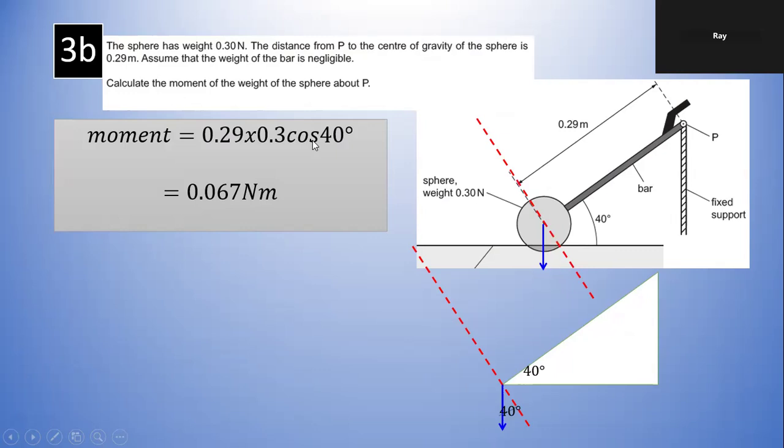Don't be afraid to draw on the diagram. Teacher, but how do you see the angle? How do you see the degree angle? Because the sphere is partially submerged inside the water, this is 40.